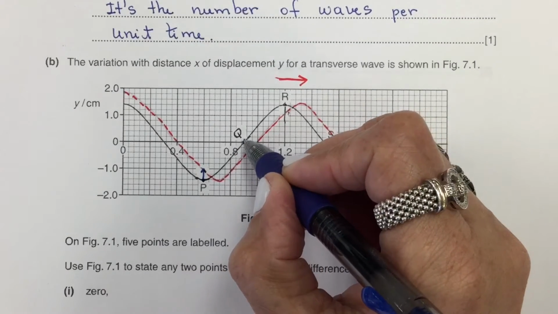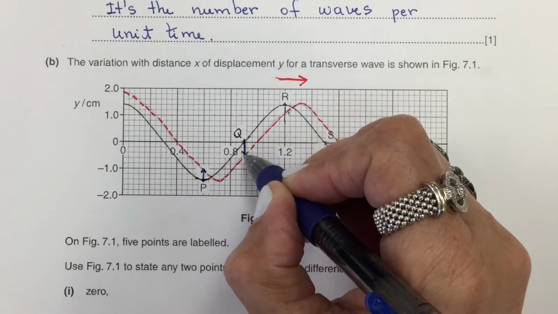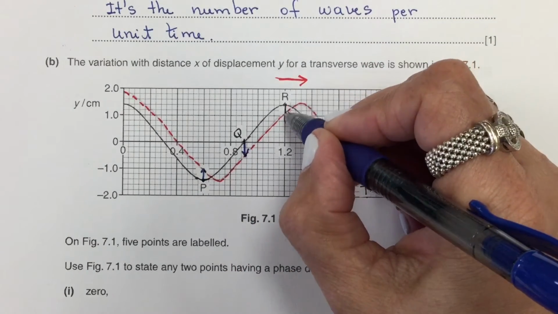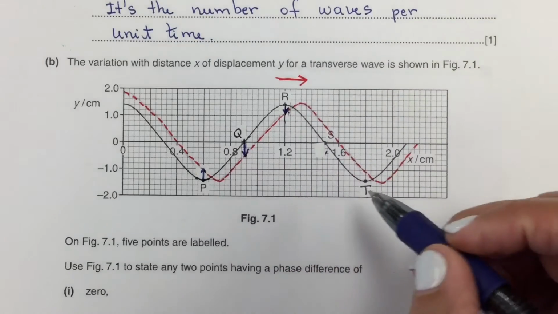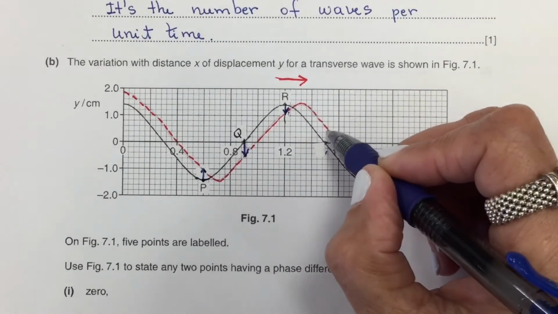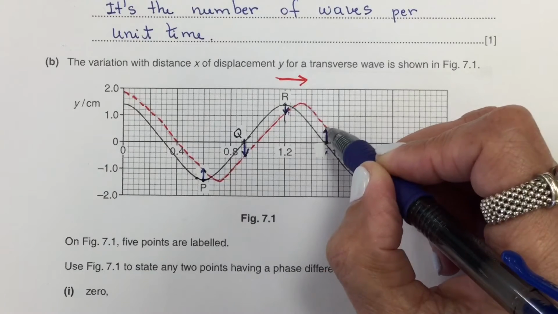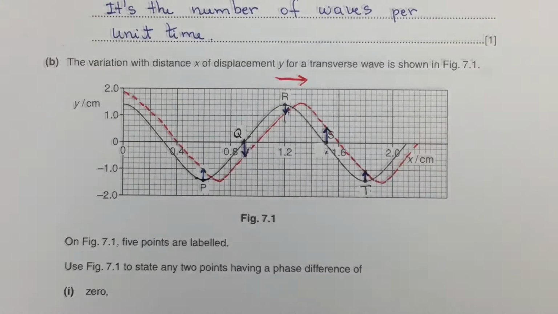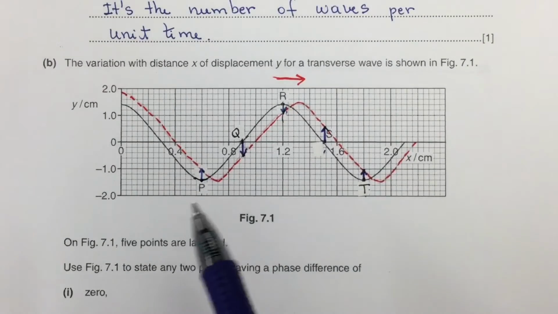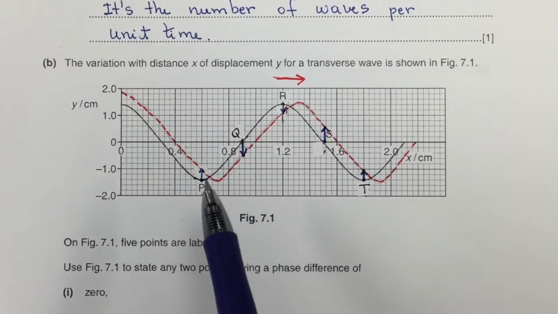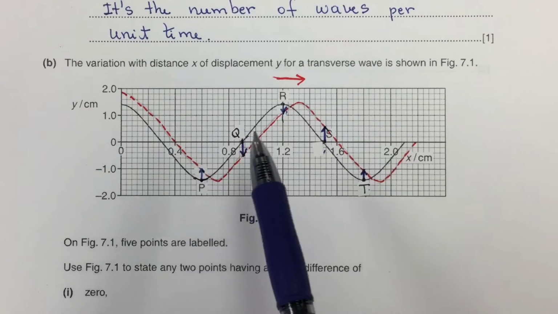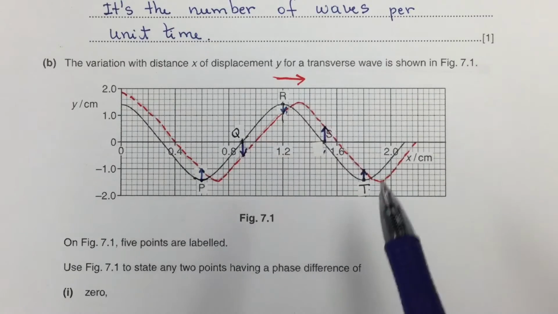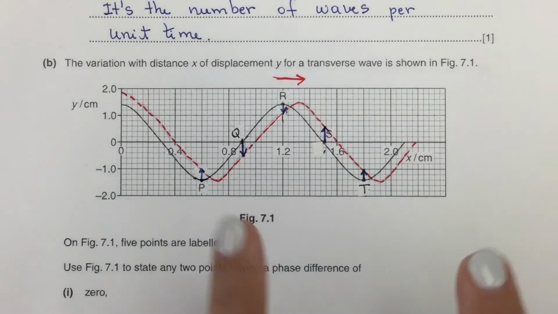Likewise at Q, drawing this arrow, at R, this arrow, at S, this arrow, and at T, this arrow. So it's safe to say the particle at point P is going up, at Q down, at R down, S up, and T up.